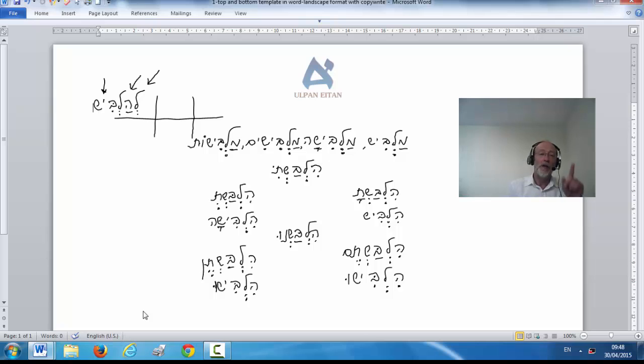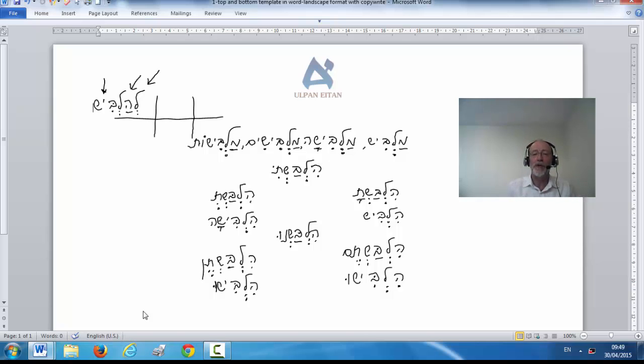And then notice that yud finding its way in there between the second and third root letters, or one might say one position in from the end. Lehalbish, and those are going to be the critical characteristics that identify the infinitive of this pattern and an ongoing aspect of it.